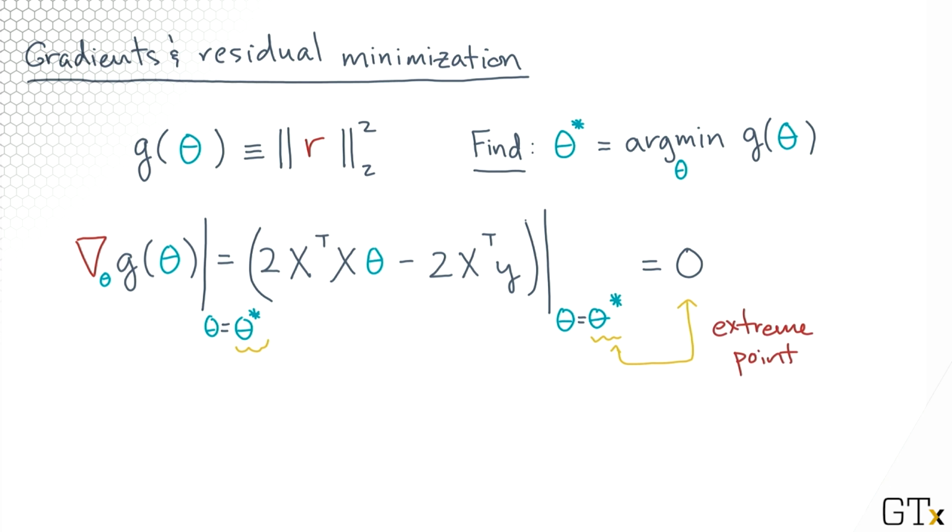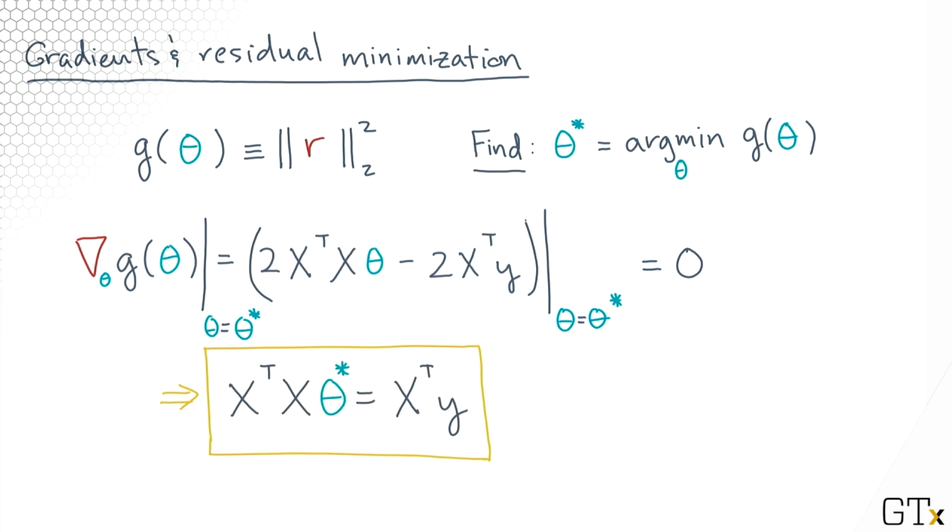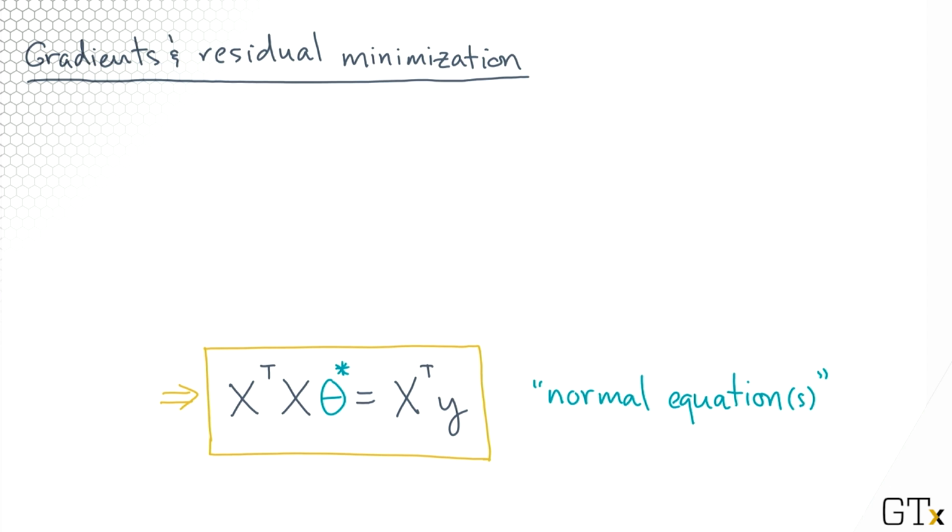After all, that would be an extreme point and therefore a candidate for minimizing g. And that theta star must be the solution to this equation. X transpose X times theta star equals X transpose y. This system is sometimes referred to as the normal equation, or sometimes the normal equations, plural, depending on your point of view.